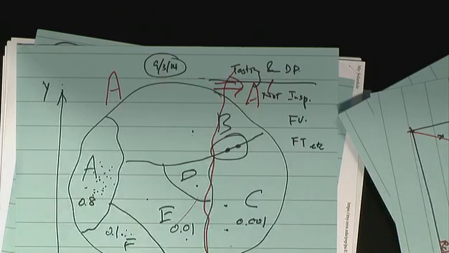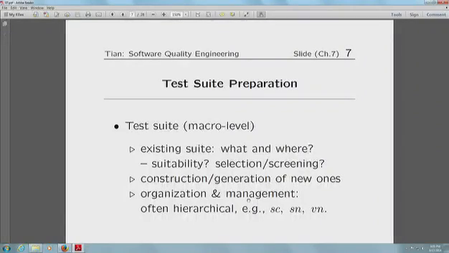So in this case, we need to know the difference between the new version and the old version, and then use that information to select some of the old test cases that are still appropriate, and then create some new test cases for the newly developed functions. So those are some of the test suite preparation considerations.